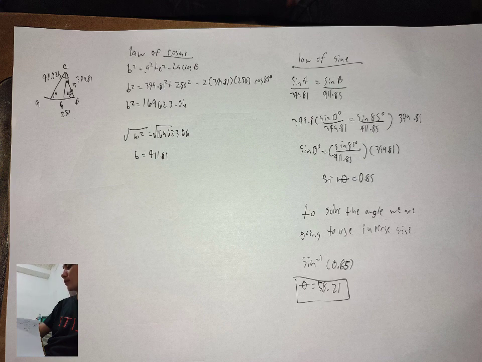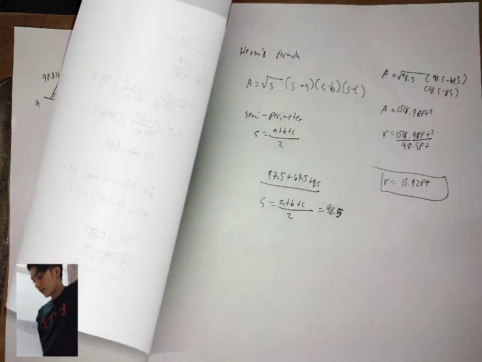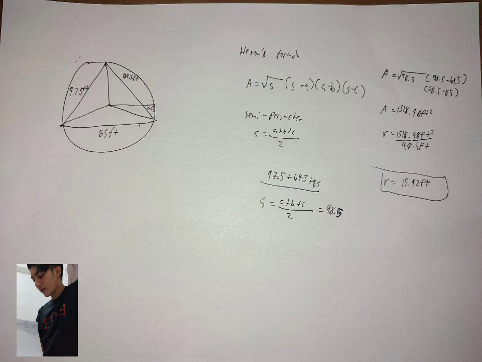So sine theta equals sine 85 degrees over 411.81 multiplied by 349.81. So sine theta equals 0.85. So to solve the angle, we take the inverse sine of 0.85. So it will give you theta equals 58.25 degrees.